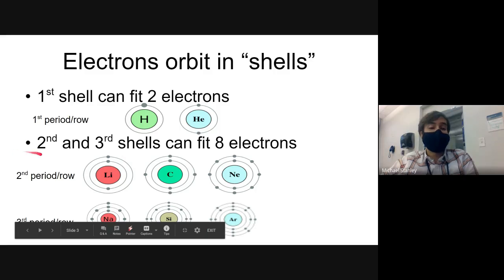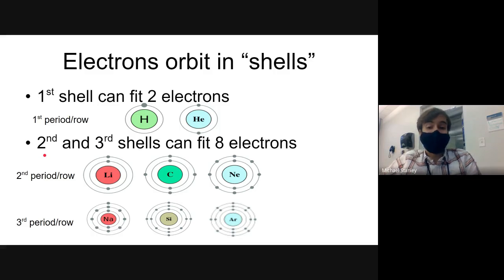But like I said, the second shell can potentially fit up to 8 electrons, which is the case with neon. Neon is atom number 10 on the periodic table, so neon's got 10 electrons.